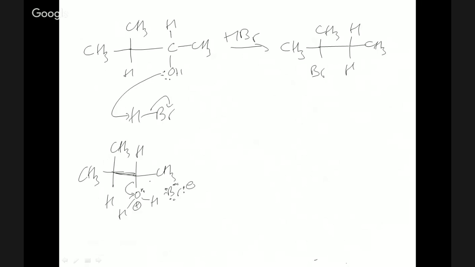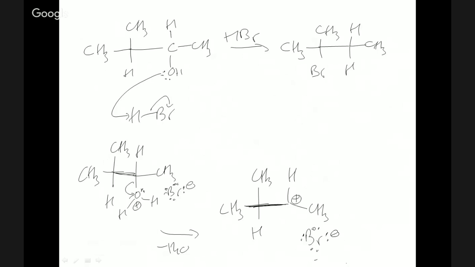You got to form carbocation to get a rearrangement. That's a good rule. You must form carbocation to get a hydride or an alkyl rearrangement. Okay, so minus water. What do we have? Carbocation, Br minus.